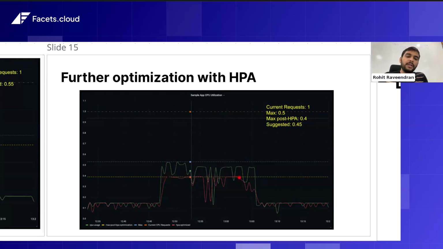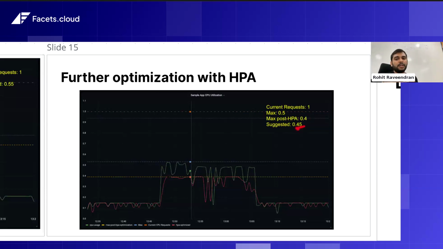So after the HPA has been optimized to handle the load in a better fashion, you can reduce the height of this particular bump here, and now, post HPA optimization, my max is 0.4 instead of 0.5, and I can set my suggested request at 0.45.